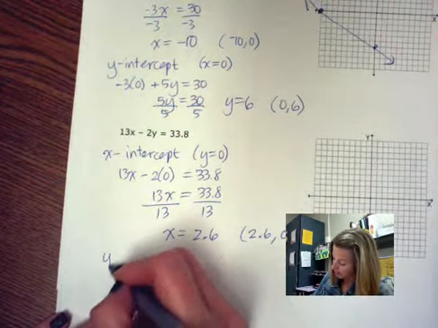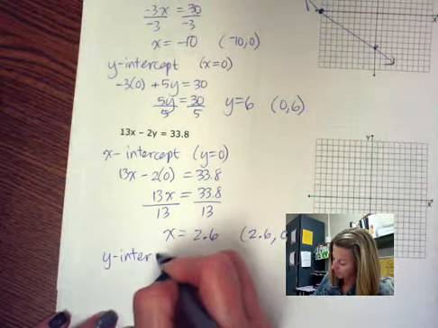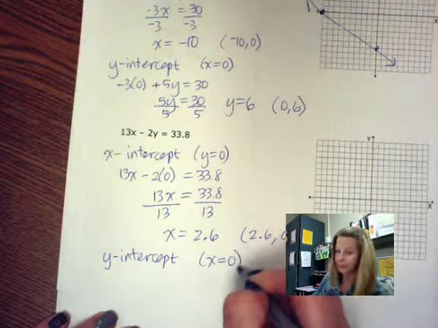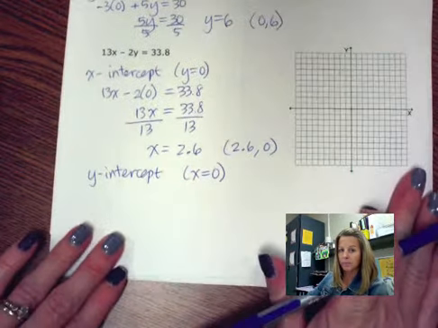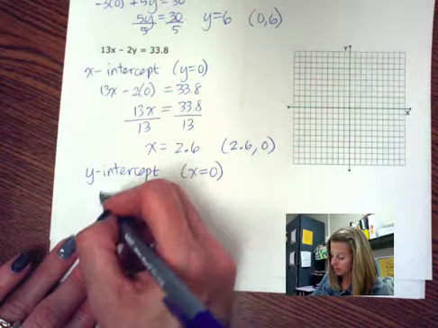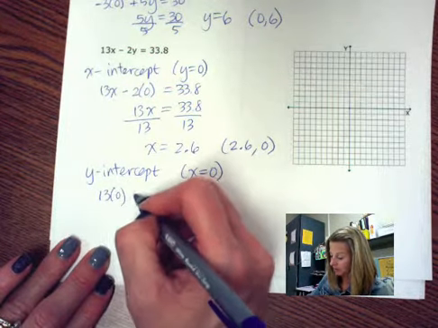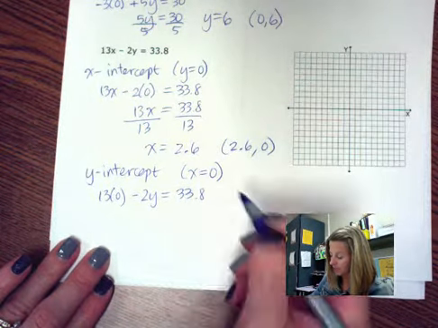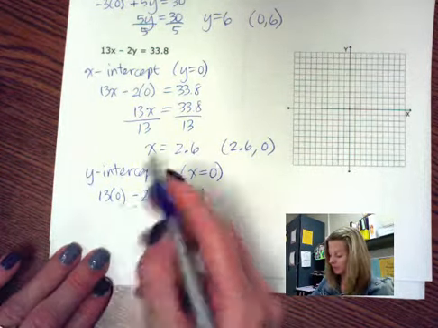And then my y-intercept, I need to plug in x equals 0. So back to my equation, put a 0 in for x. So I'm doing 13 times 0 minus 2y equals 33.8. 13 times 0 is 0.